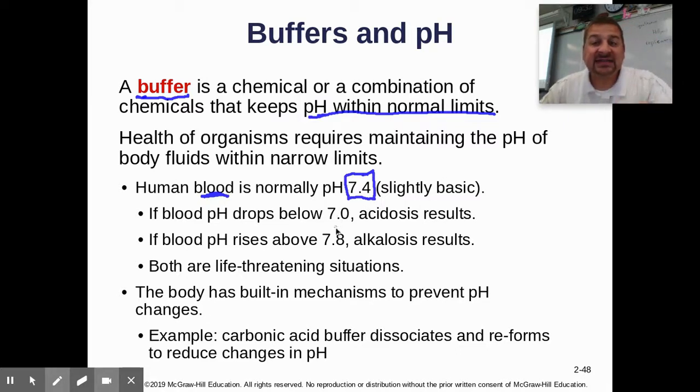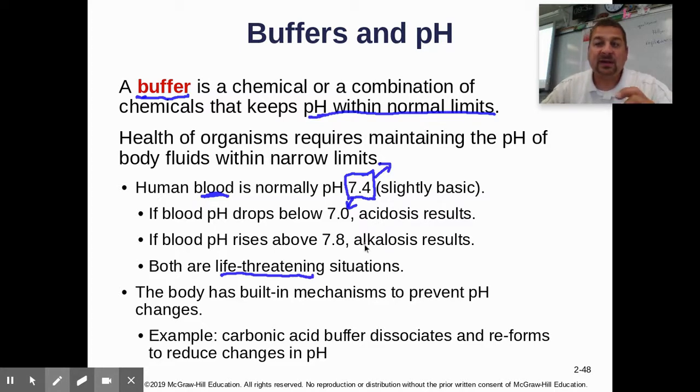It needs to stay in a very narrow window. It can't drop more than 0.4 or go up more than 0.4, or you'll have acidosis or alkalosis, which are life-threatening. Your blood pH needs to remain in that window.